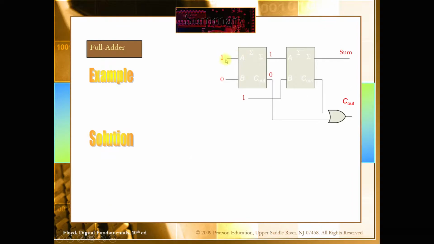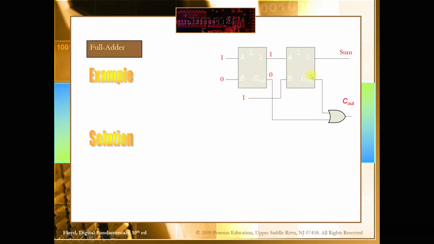As you can see here, 1 and 0 are added into the half adder. This equals a sum of 1 and a C out of 0. Now the C out of 0 goes into the OR circuit. And then the sum of the first one goes into A of the second one. Now what happens is that we get the B of the second bit.